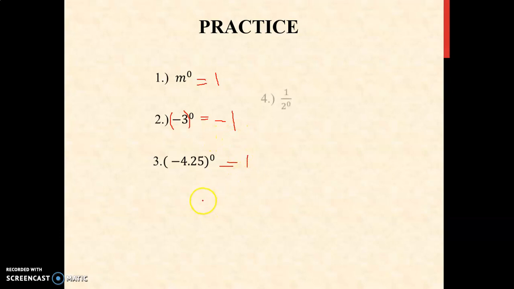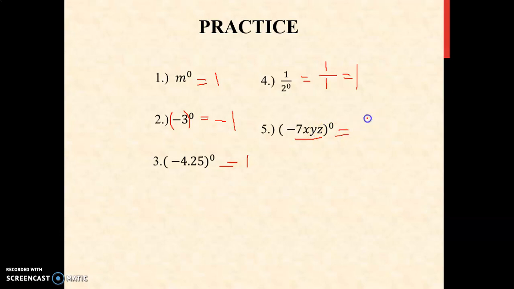Number 4, we have here 1 over 2 raised to 0. That is equal to 1 over 1, what is 1 divided by 1? And that is 1. The next one, negative 7xyz raised to 0.